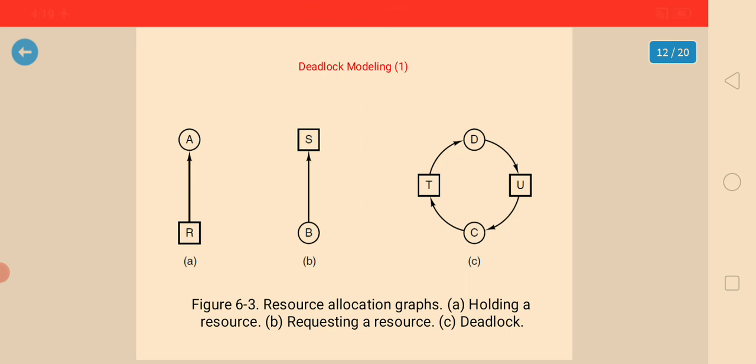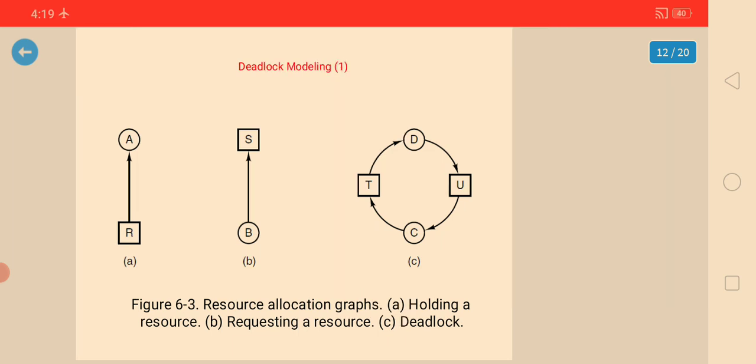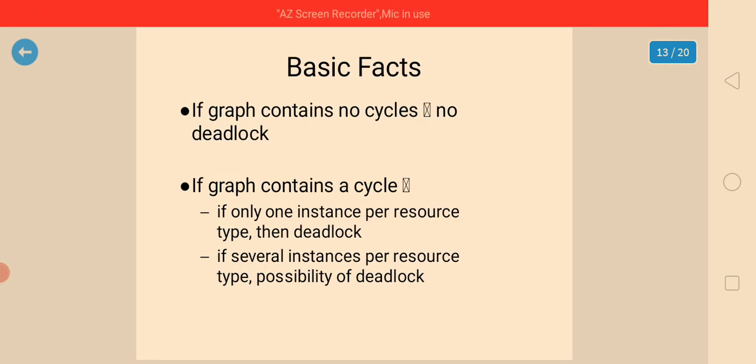And C shows what happens here: a deadlock. The basic fact is that if the graph contains no cycle, then there is no deadlock. If the graph contains a cycle and there is only one instance per resource type, then there is a deadlock. If there are several instances per resource type, there is a possibility of deadlock.